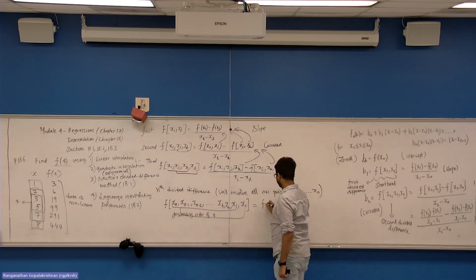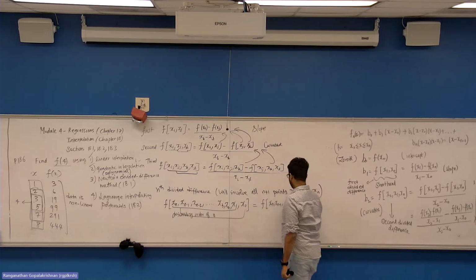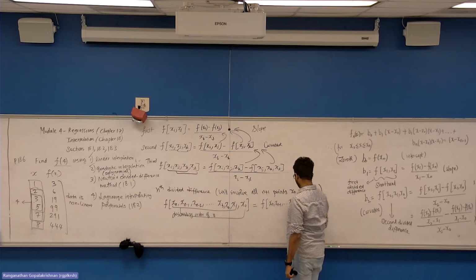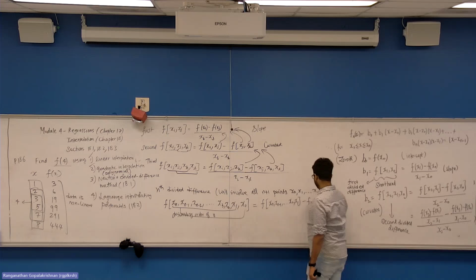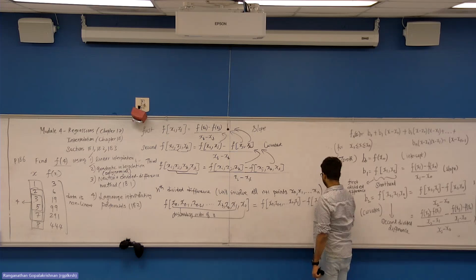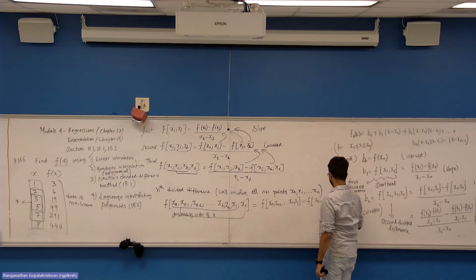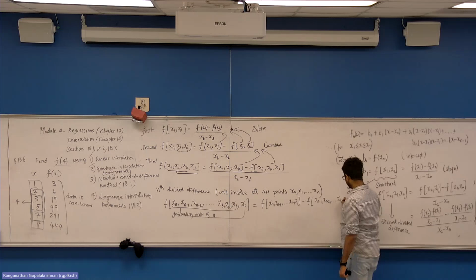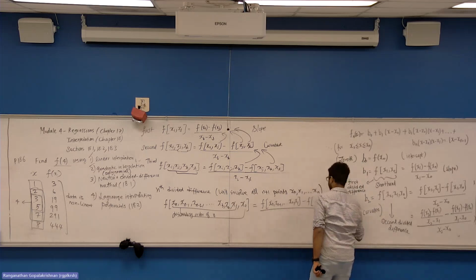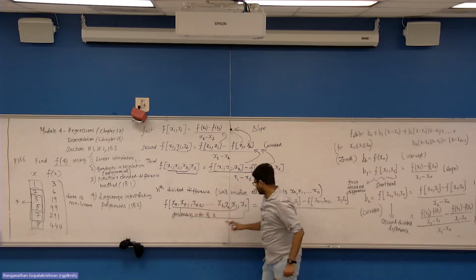So this will be f of xn, xn minus 1 and so on up to x2 and x1, minus f of xn minus 1, xn minus 2 and so on up to x1 and including x naught. And the whole thing is divided by the extremities, xn minus x naught.